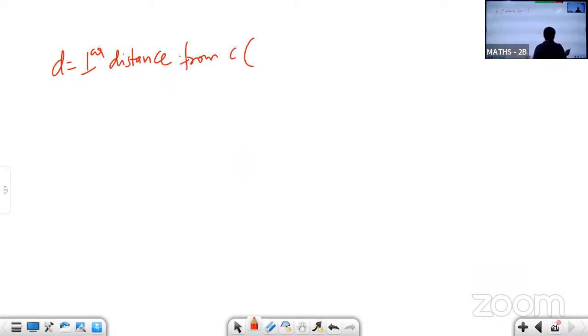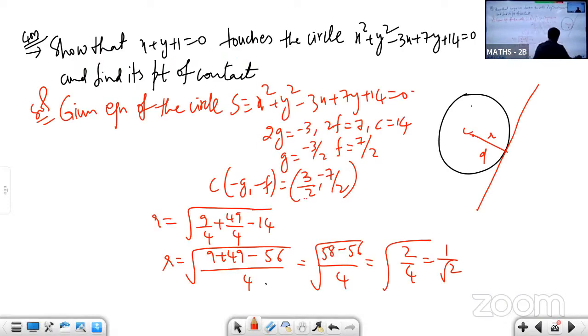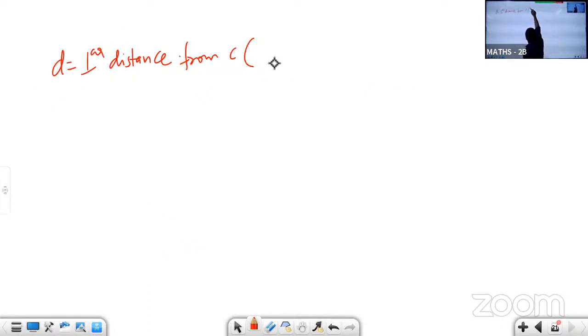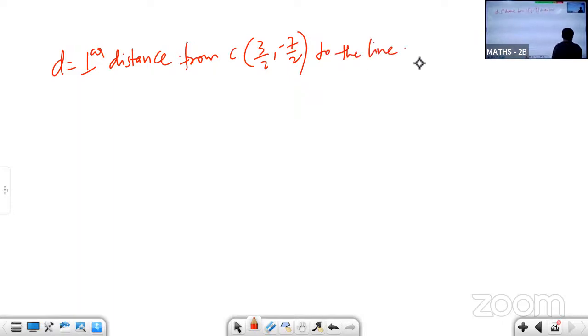What was the center? It was 3 by 2 comma minus 7 by 2, to the line. Right now you take it as a line only. Still we didn't show that it is a tangent. What is that line? x plus y plus 1 equal to 0.